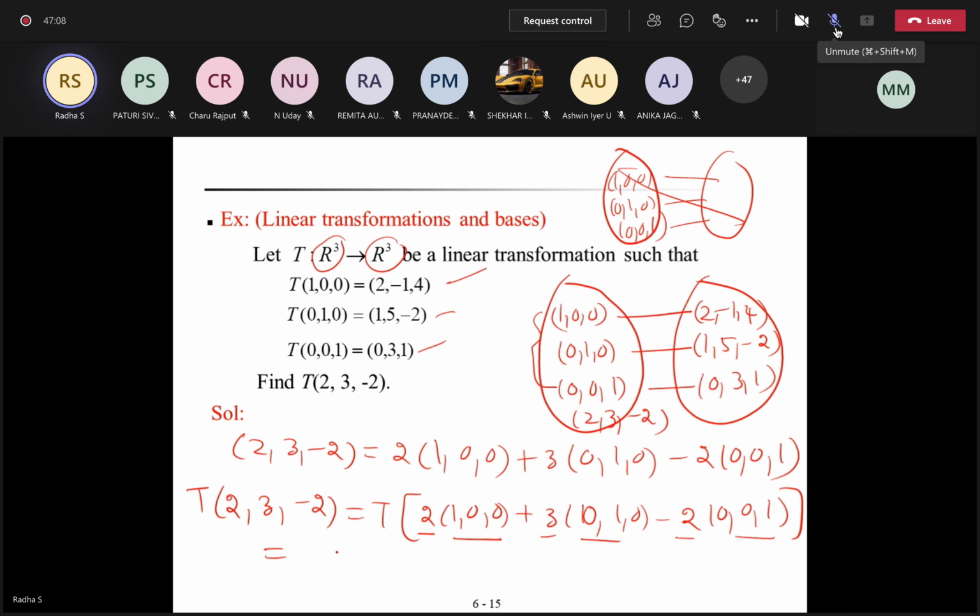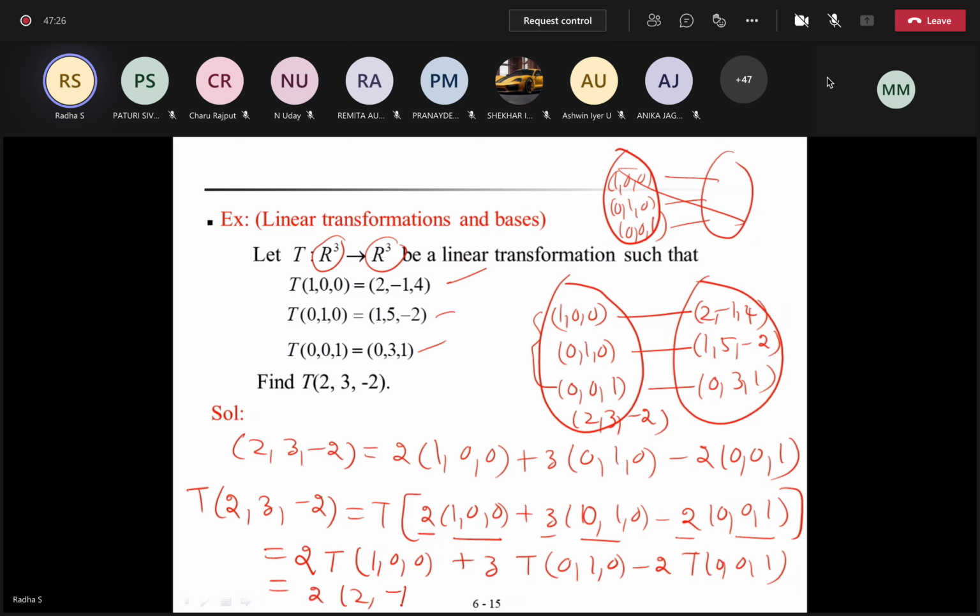So this is nothing but, take that constant outside: 2 into T of 1 0 0 plus 3 into T of 0 1 0 minus 2 into T of 0 0 1. So now you know all these values, right? T of 1 0 0 is 2 minus 1 4, plus 3 into 1 5 minus 2, minus 2 into 0 3 1. If you simplify, you get that.